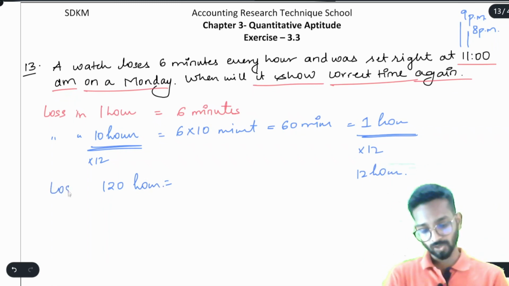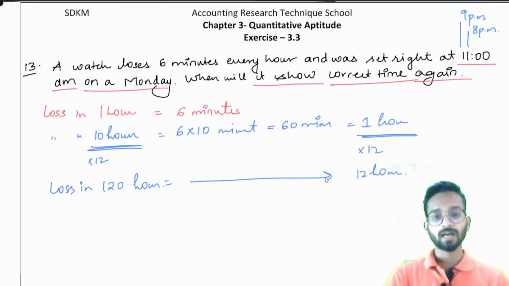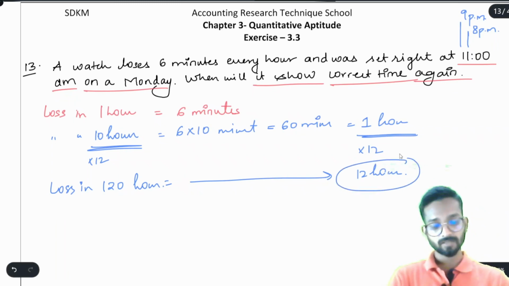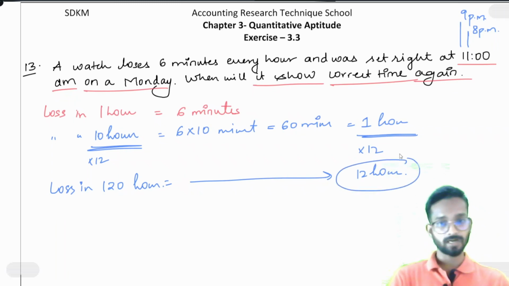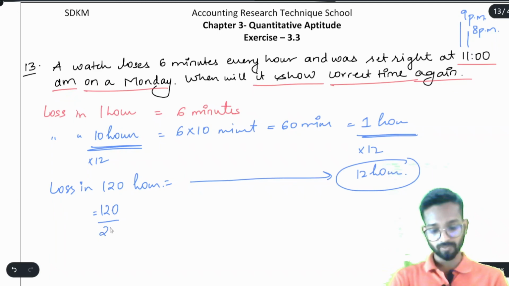So, loss in 120 hours will be 12 hours. After 120 hours have passed, my clock will be behind by 12 hours. If I convert 120 hours into number of days, you can say 120 divided by 24, because one day has 24 hours. So you can say 5 days.